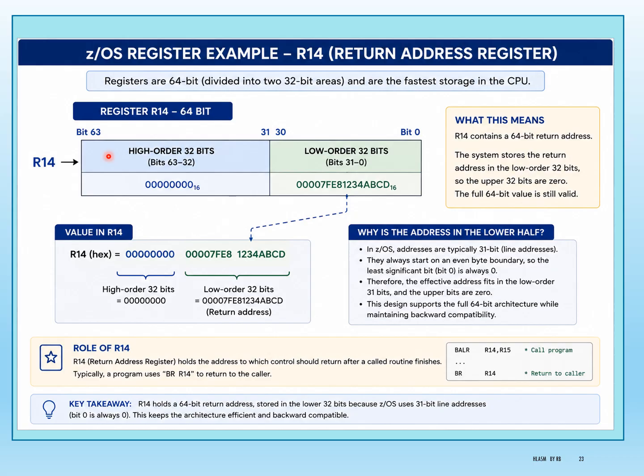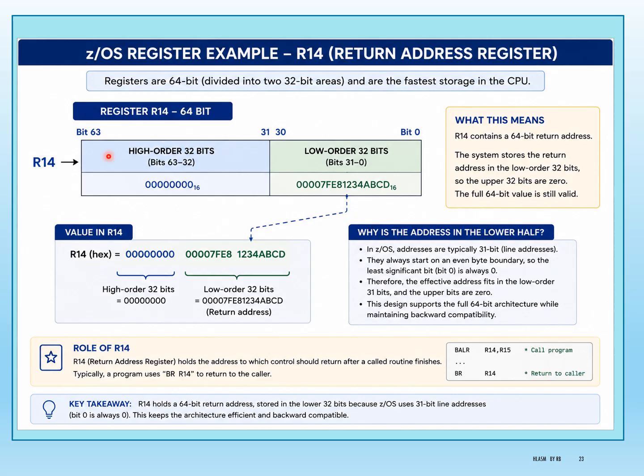So initially, when you had written a program in 24-bit and it got upgraded to 31-bit, whatever programs were there in 24-bit could still run on 31-bit. When you have written programs in 31-bit and moved to 64-bit architecture, the programs designed at that point of time, in 24-bit and 31-bit architecture, are still running on 64-bit.